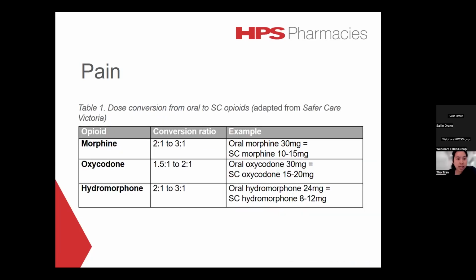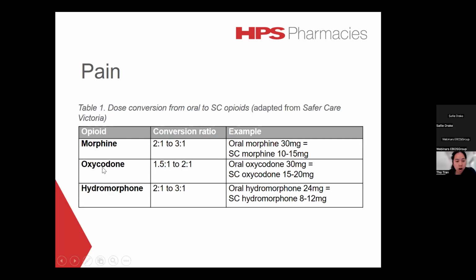We have this slide here from Safer Care Victoria, and it gives you a rough idea of how to convert morphine, oxycodone, and hydromorphone from oral to subcut. In the example here, with morphine we use a conversion ratio of 2 to 1 or 3 to 1. So for someone on oral morphine 30 milligrams, we usually give about 10 to 15 milligrams of subcut morphine.